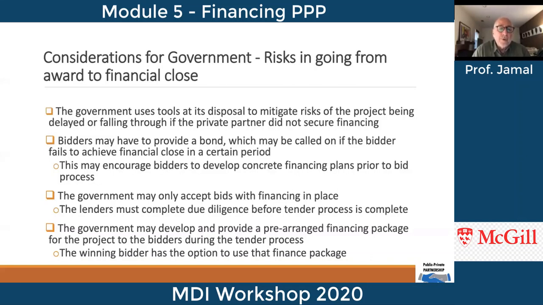This can also encourage bidders to develop a concrete financing plan prior to the bid process and to show their willingness and seriousness in this project. The government may only accept bids with financing in place. That's one option. The lender must complete due diligence before the tender process is complete. That could be another approach.